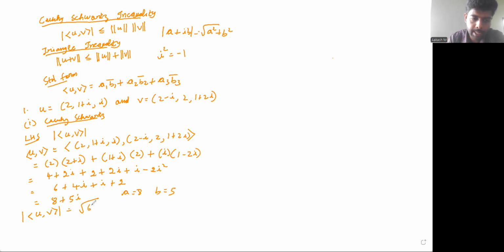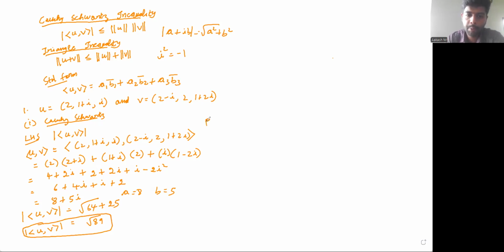A square is 64, B square is 25. So your overall answer is root 89. This is your LHS, mod of inner product of u comma v, the left hand side.